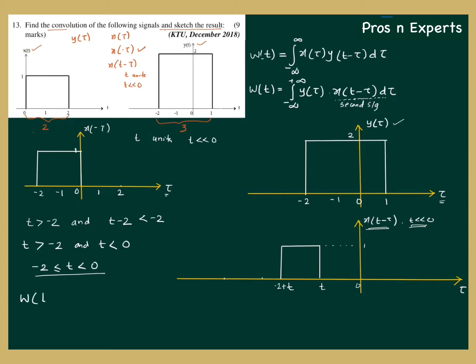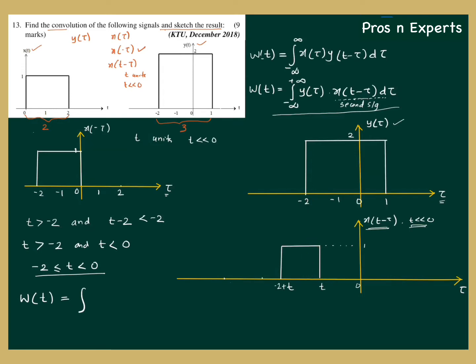So in this interval, what is w of t? W of t is equal to, from our parent equation, the integral from -infinity to infinity. We don't have to integrate from -infinity all the way to plus infinity, because the only region in the tau axis where these signals produce a non-zero output is the region where these two signals overlap or coincide.